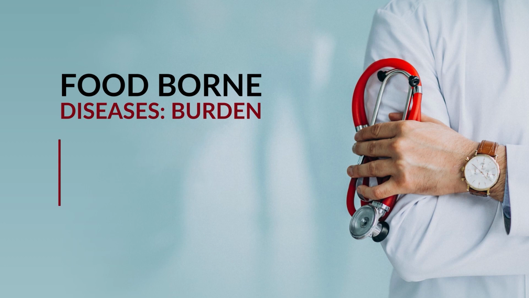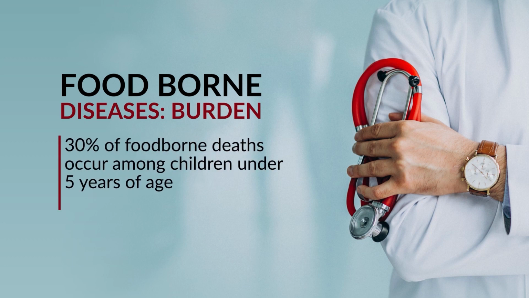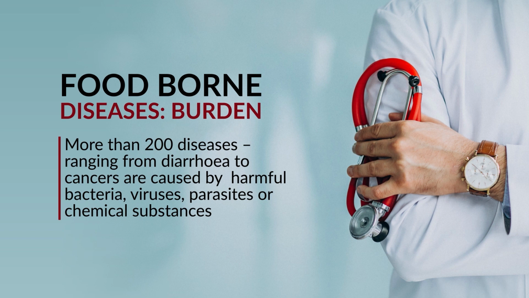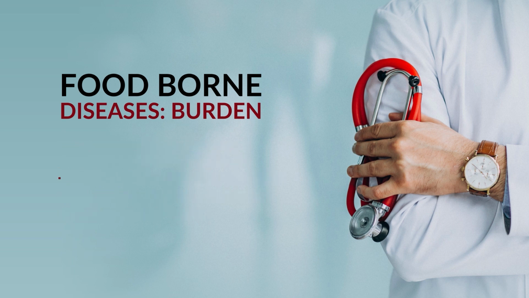Out of this, 30% of foodborne deaths occur in children below 5 years of age. The diseases number more than 200, ranging from diarrhea to cancers, and are caused by harmful bacteria, viruses, parasites, or chemical substances.